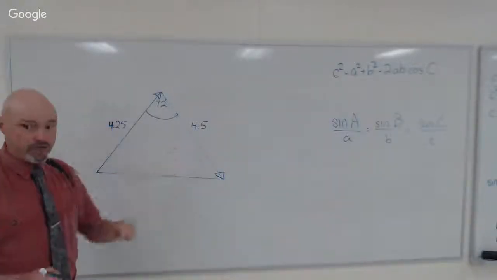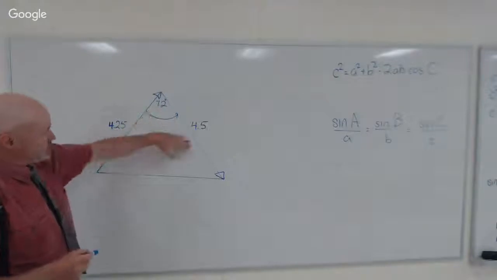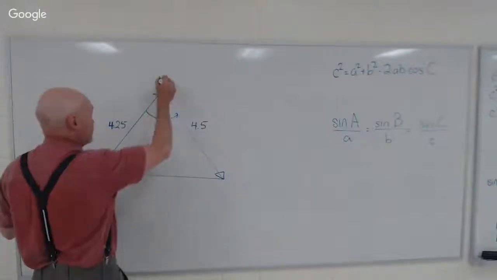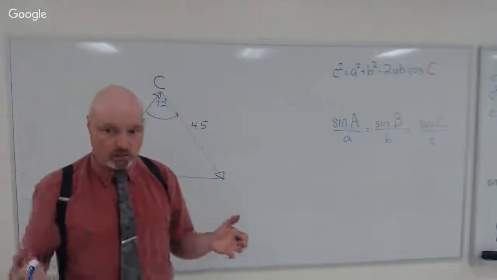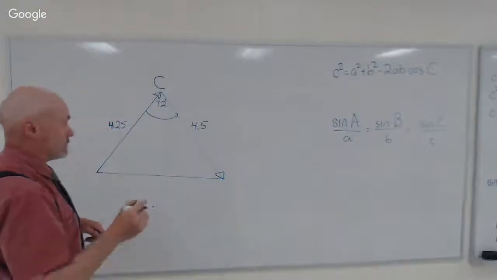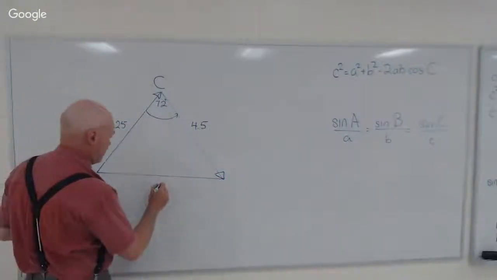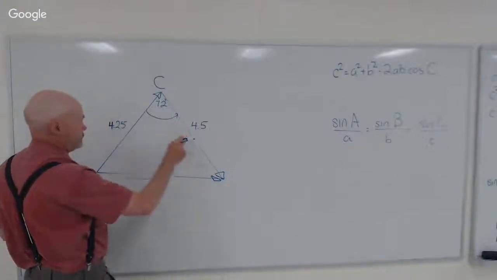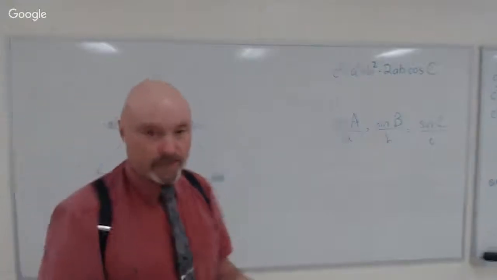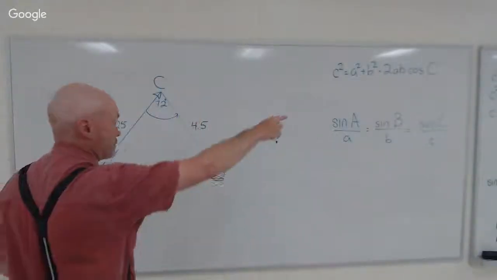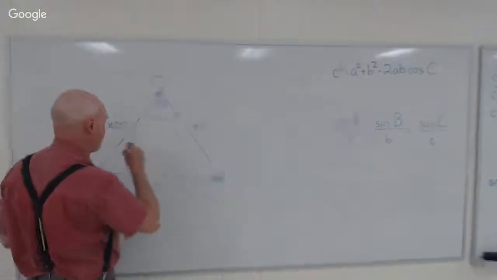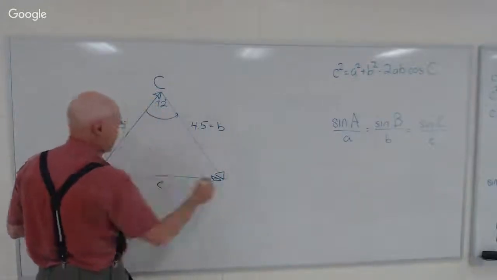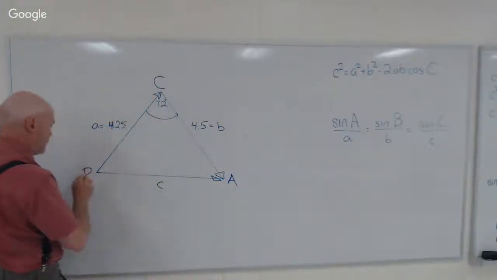If I have my triangle set up like this, where I have two vectors with 72 degrees between them, I'm going to label this angle as C. Opposite that angle is this length c, which is the sum of these two vectors. It doesn't matter which one is labeled a or b because addition and multiplication can be done in any order. So I'm going to say that this is side a, and this is side b. And that makes this angle A, and that makes this angle B.